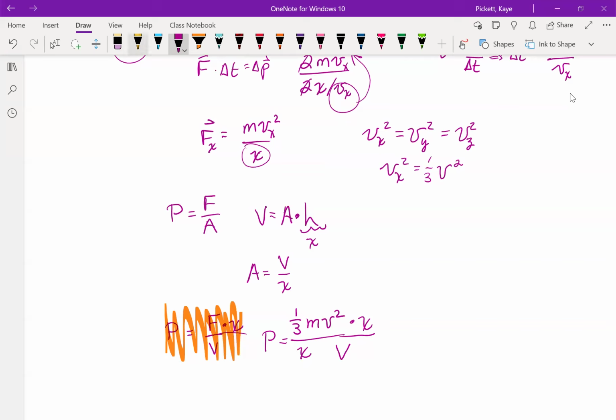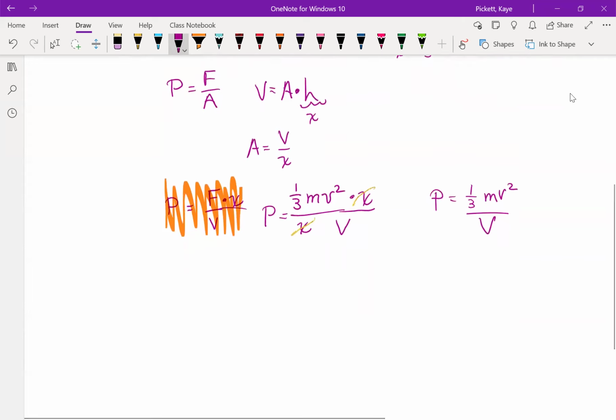Well, the x's cancel. Isn't that lovely? And so the pressure is 1/3 times mv squared over the volume, which now means that my pressure times volume is 1/3 mv squared.